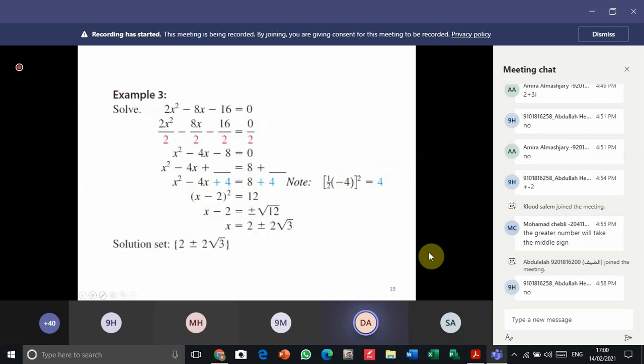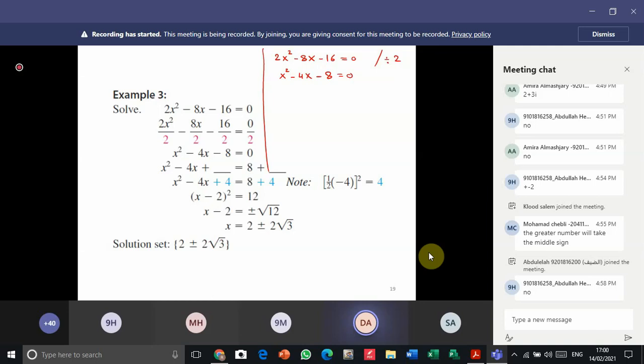Look at this: 2x squared minus 8x minus 16 equals 0. In the first step, divide by the 2. Okay, we need x squared only. So we have x squared minus 4x minus 8 equals 0.